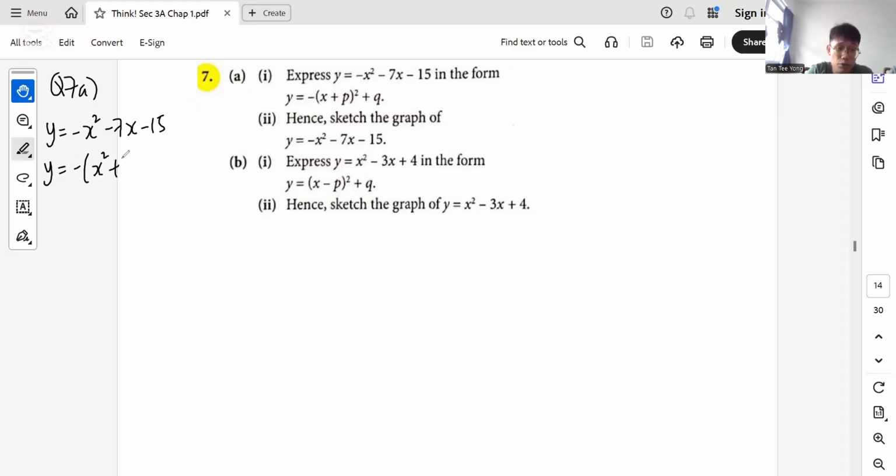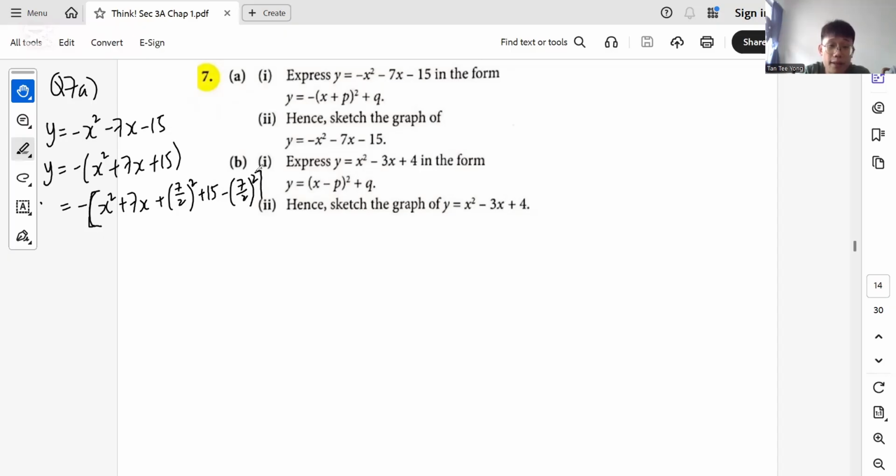In order for you to do your completing the square. So equals negative bracket x squared plus 7x plus 15. Let me change it to square bracket: x plus 7 over 2 squared minus 7 over 2 squared plus 15.